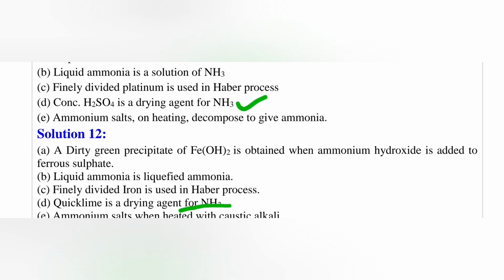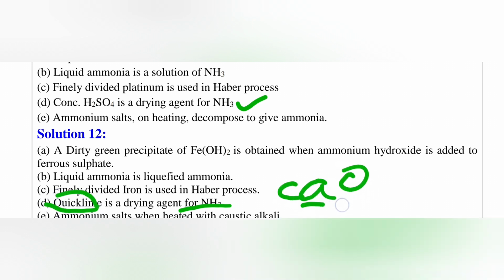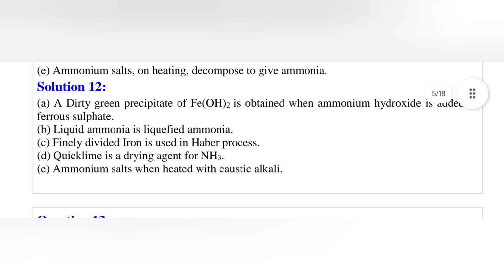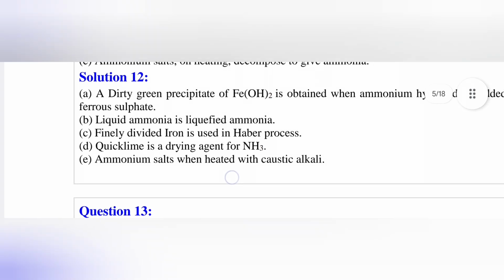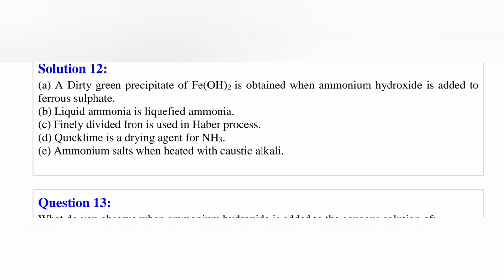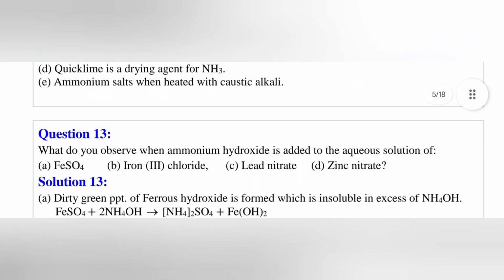Sulfuric acid is used as a drying agent in the preparation of hydrogen chloride, but here quicklime, calcium oxide, is used as a drying agent. Fourth: ammonium salt on heating decomposes to give ammonia. Ammonium salt, when heated with caustic alkalis, gives ammonia.